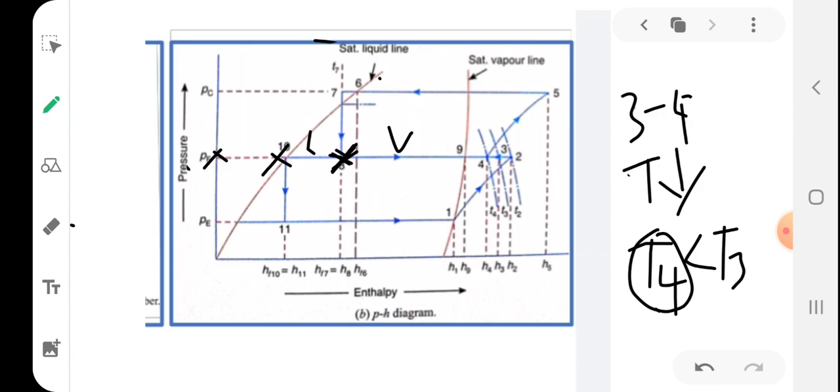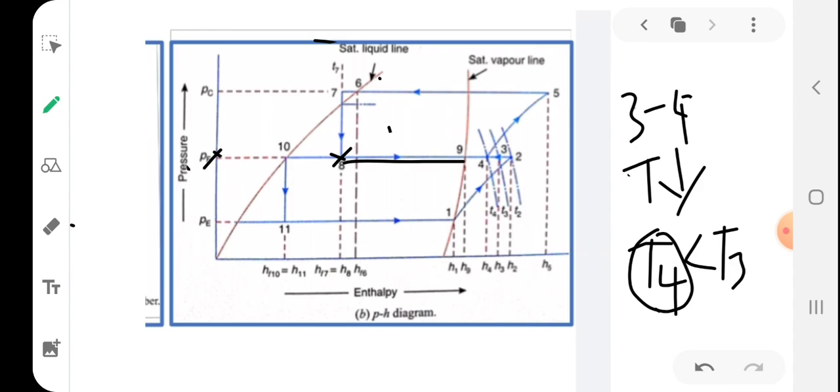But this point is a mixture of liquid and vapor. If the refrigerant was at this point, you could have achieved this much refrigerating effect, and that means you can improve your COP. But since the refrigerant coming from the expansion valve is at point 8, you could achieve only this much refrigerating effect.